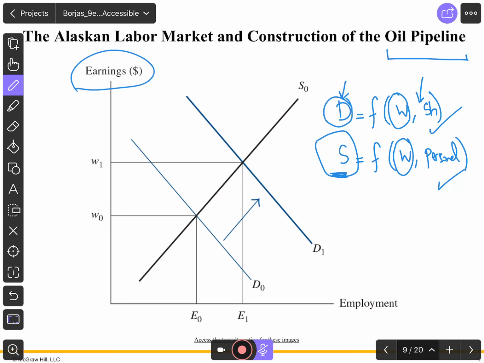So in this particular example, we are talking again about the Alaskan labor market, and we are trying to see how the discovery of 10 billion barrels of oil led to an increase in the demand for workers, and this demand for workers was because there was a project that started in 1974 all the way to 1979, and this project was to build 789 miles of pipes.